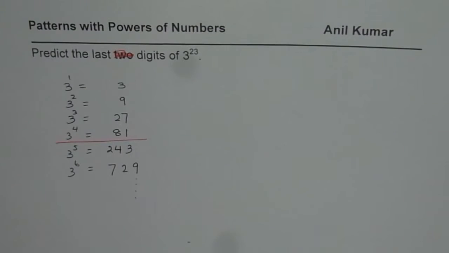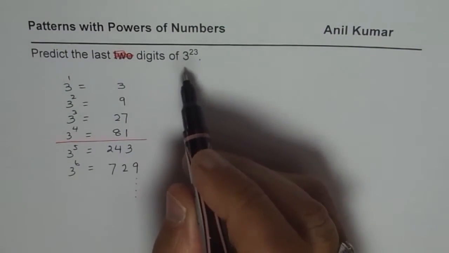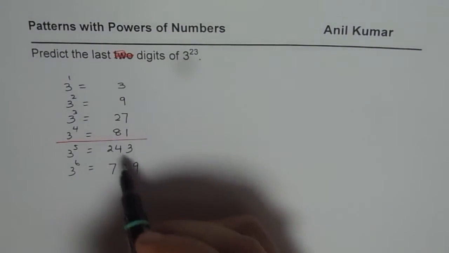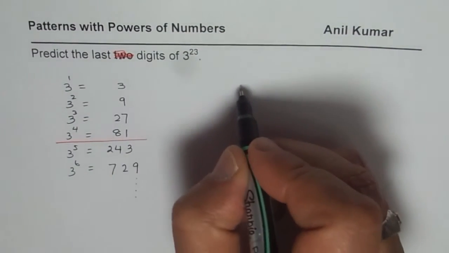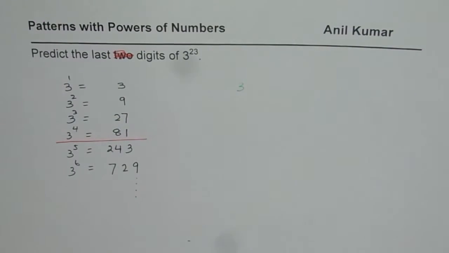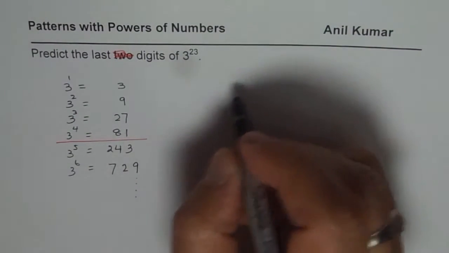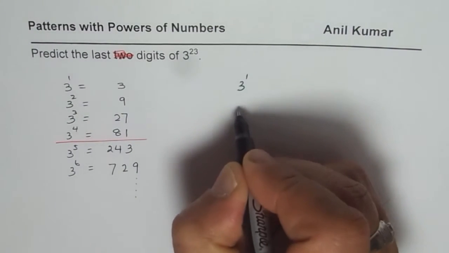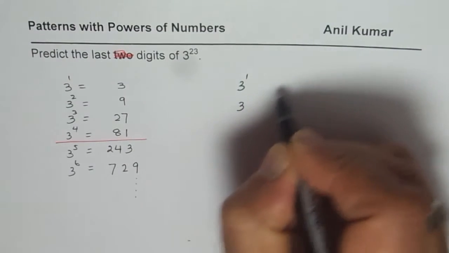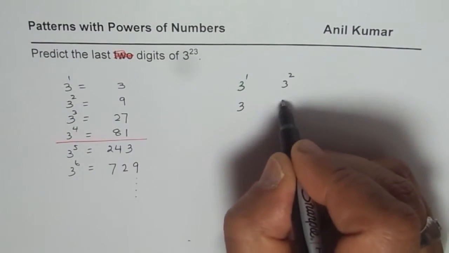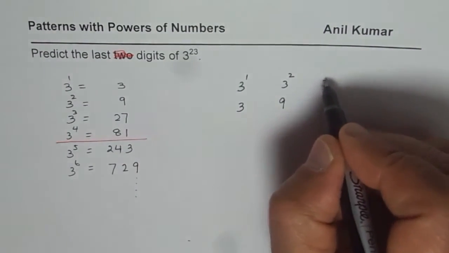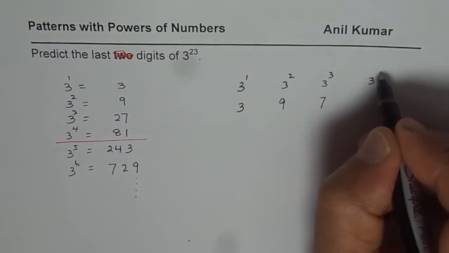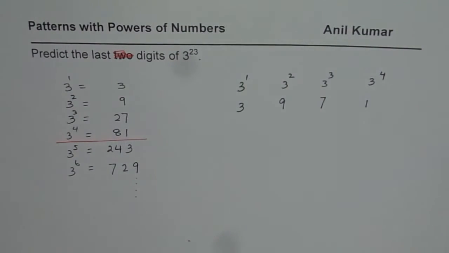Can you predict? Okay, so what we can do is take help of a table also. So let's put this data in the form of a table. We'll write here the last digit, let us say the last digits are 3, 9, 7, 1. So 3 to the power of 1, the last digit is 3. 3 to the power of 2, last digit is 9. 3 to the power of 3, last digit is 7. 3 to the power of 4, last digit is 1.